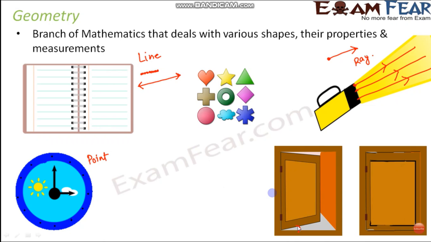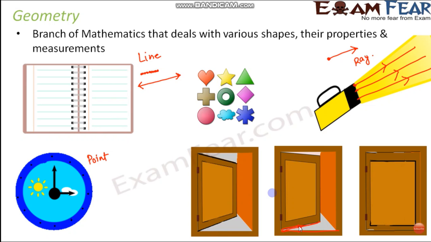As you open the door, an angle is formed that shows the orientation of this surface with that of the other surface, because the border of the door is fixed, right? So when you open the door, it is only the part of the door which opens, and this angle changes.